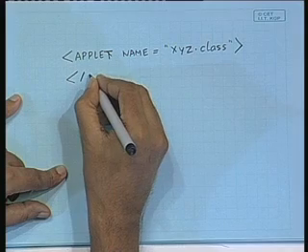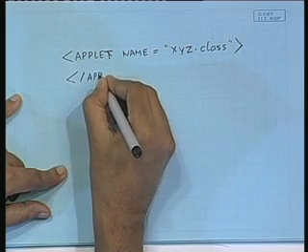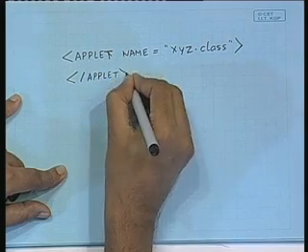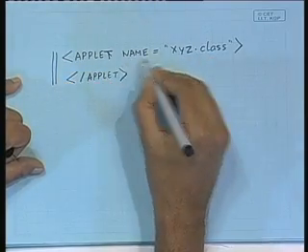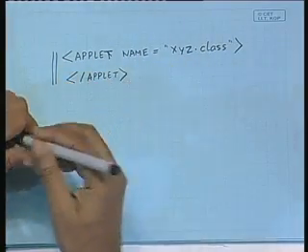Then we can have an end applet. There are other attributes also, we shall see them later, but this is the basic thing. So, we can identify an applet by a name.